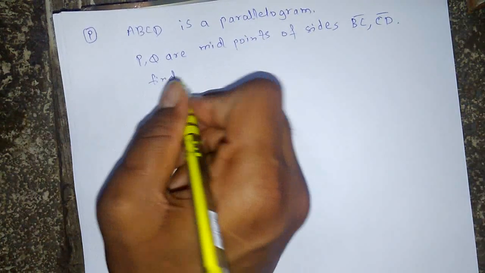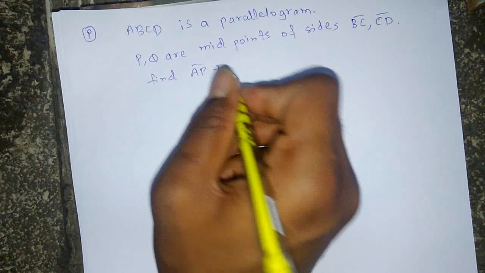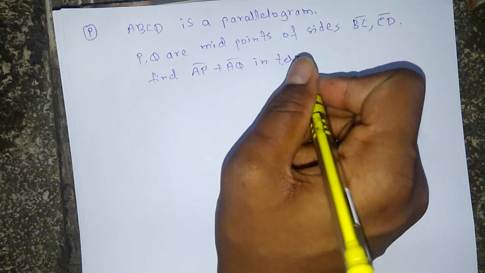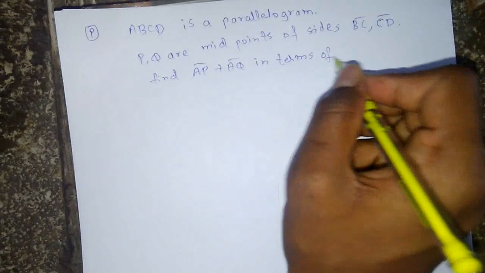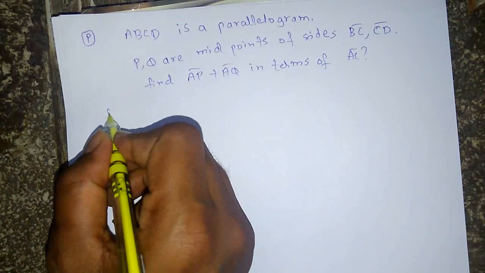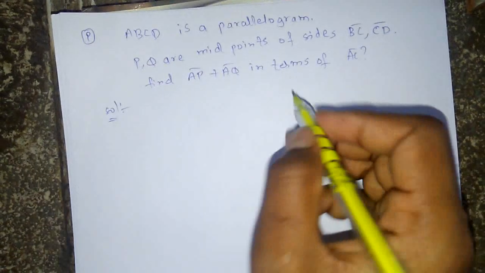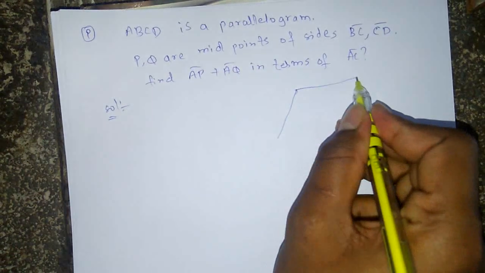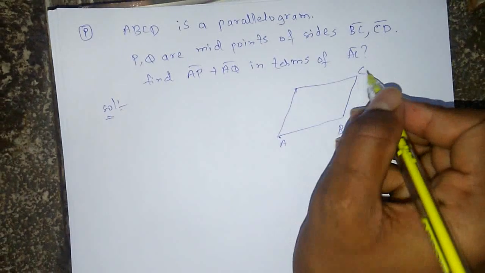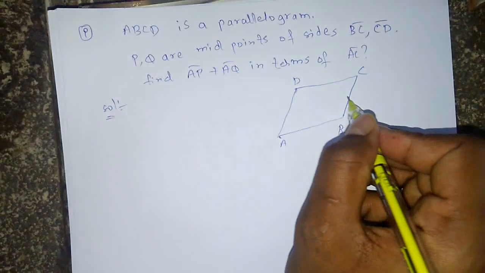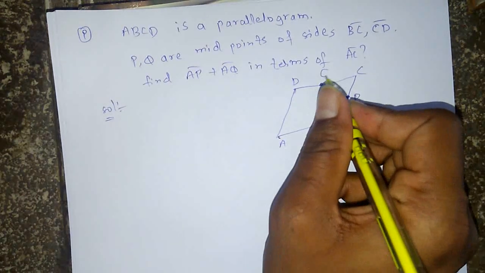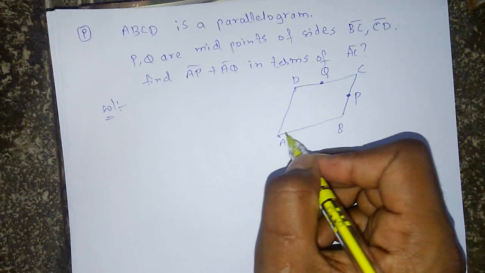Then find AP bar plus AQ bar in terms of AC bar. So ABCD parallelogram is given. P is the midpoint of BC, this is P, and Q is the midpoint of CD, this is Q.